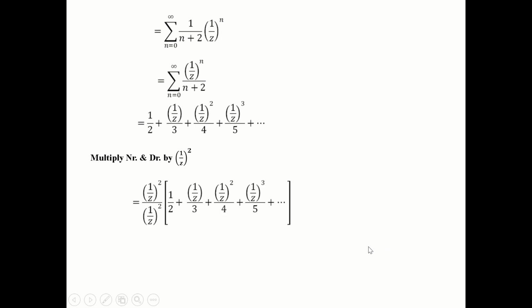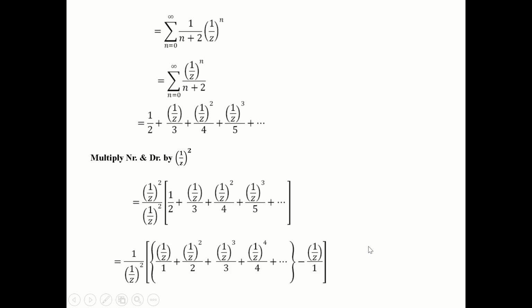So expanding, when n is equal to 0, you will get 1/2. When n is equal to 1, you will get (1/z)/3. When n is 2, 1 plus 2, that is 3, plus etc. Multiply numerator and denominator on the right hand side by (1/z)^2.